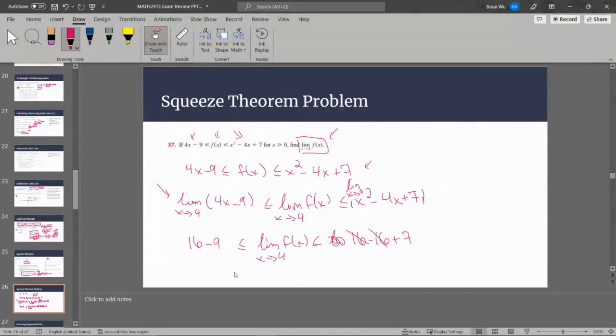So these cancel out, and this one equals 7. We see that the limit inside is squeezed between these two values, and therefore by the squeeze theorem, the limit is then equal to 7, sorry.